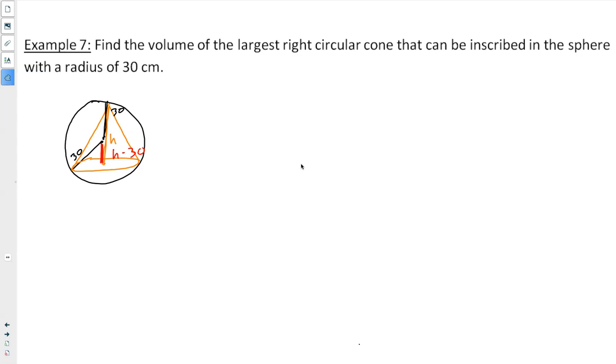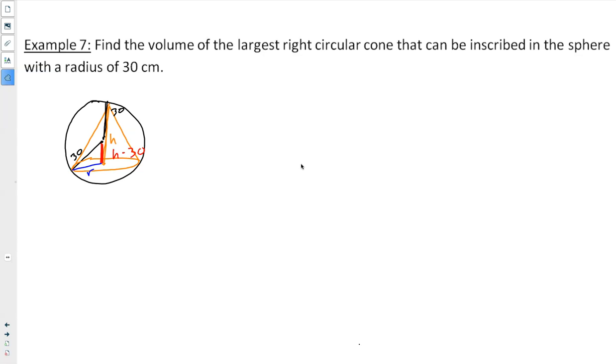Now we know h minus 30, and there's one last component that we need to find here, which is the radius of the cone at the bottom. Okay, we are looking for the radius of the cone. We know the radius of the sphere, the cone is inside, but we still need to find the radius of the cone.